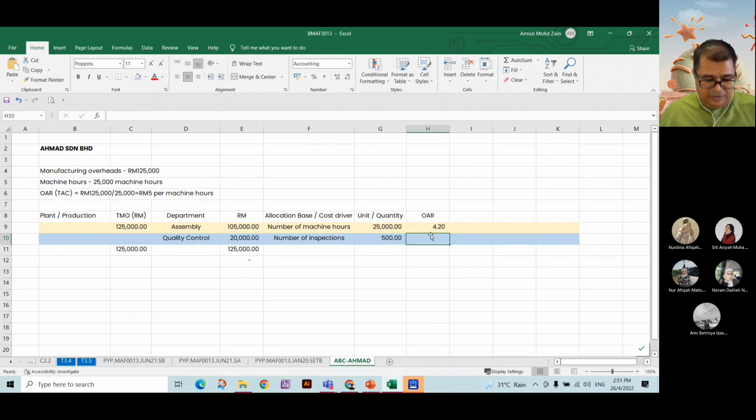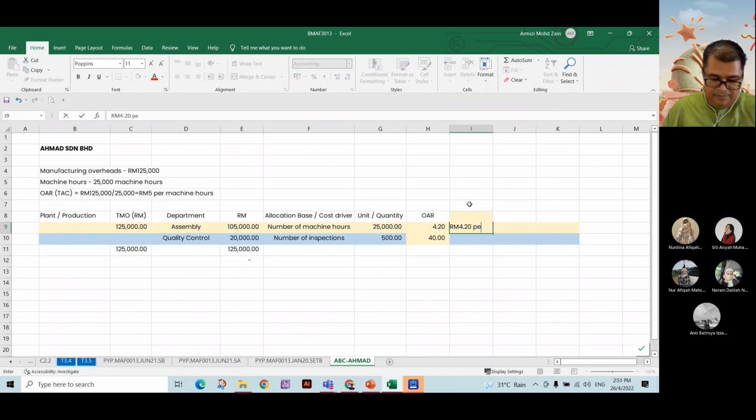And this one, Control C, Control V. Okay, and for the OAR detail, we can write here RM, you will get 20 cent per machine hour, while this one is around 40 ringgit per inspection.